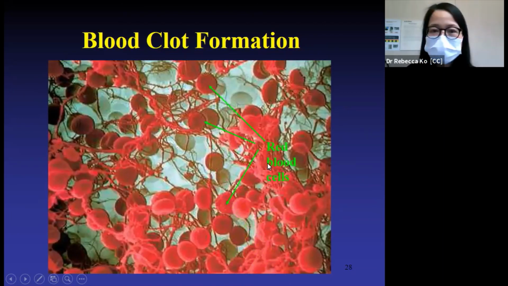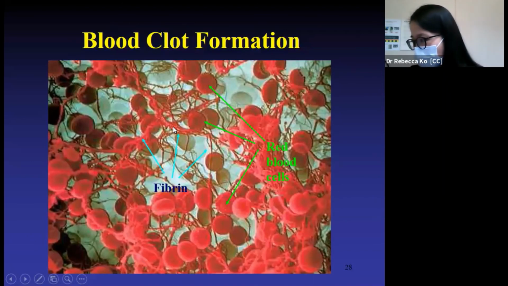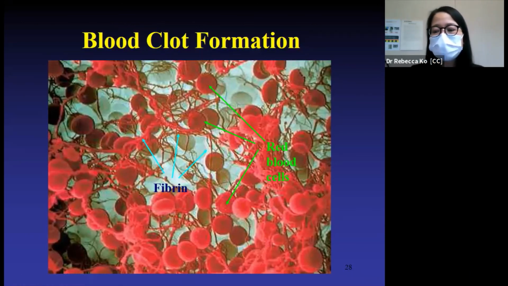Let's say there's bleeding, and then these red blood cells could be trapped by the fibrin. The fibrin is like these lines. The fibrin traps the red blood cells and forms a plug, covering the whole line and sealing it, so that our bleeding can be stopped.